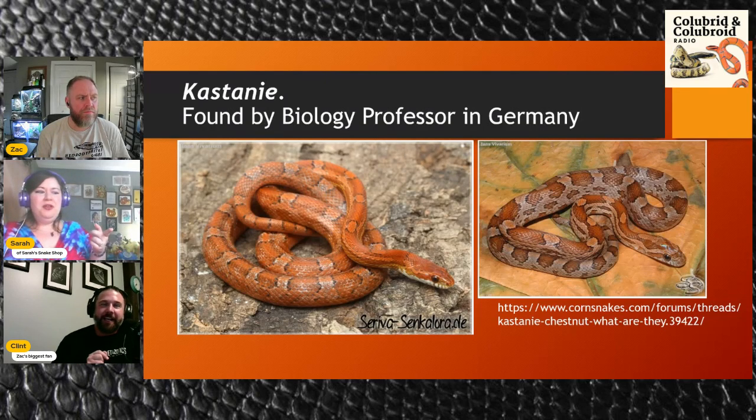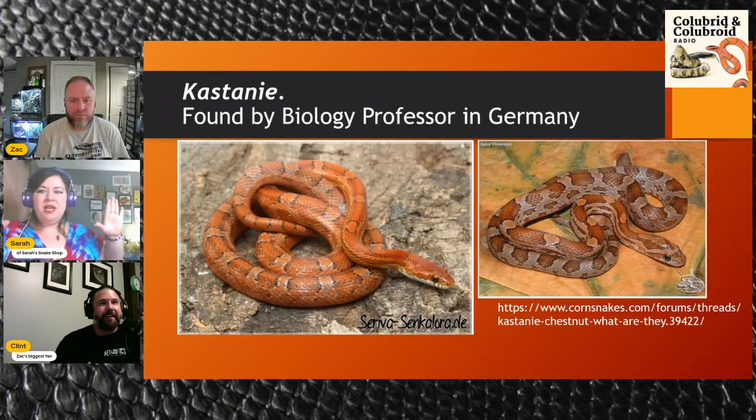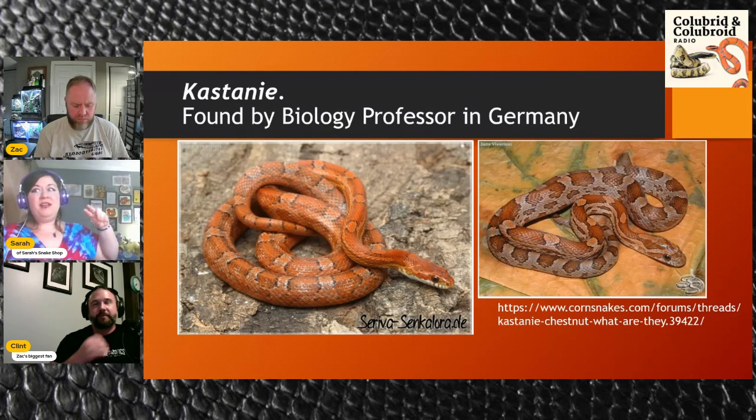But Castagna is one of those that tends to pop up everywhere. Like at least once a year, somebody else has some mystery Castagna that popped up randomly. And Castagna has, to my knowledge, the most lines of any single mutation. So there's Copper, Mahogany, Java, the original Castagna, which is also known as the German line Castagna, sometimes also called the red-headed Castagna, but sometimes the German Castagna and the red-headed Castagna will actually be separated.